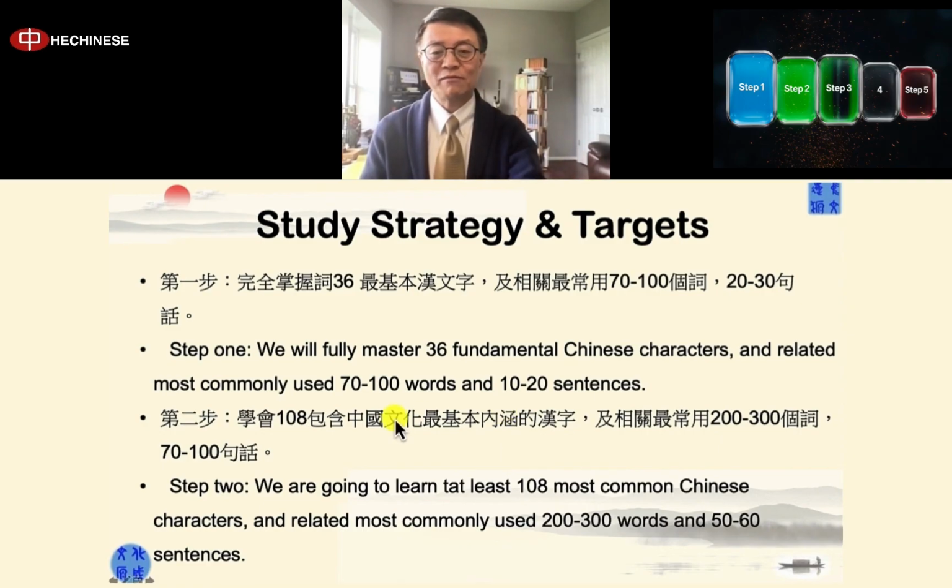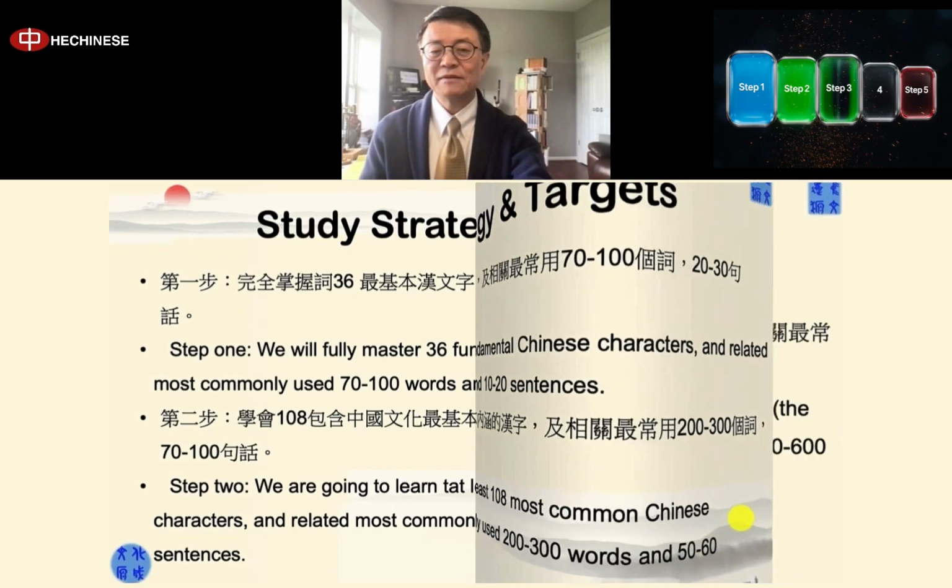So it has to be something related to that very basic, very fundamental cultural connotation. All right, those 108 characters, and they're all related to 200 to 300 words and another 70 to 100 sentences. That's the second step. Oh, I'm sorry, here should change it to 70 to 100 sentences, all right?